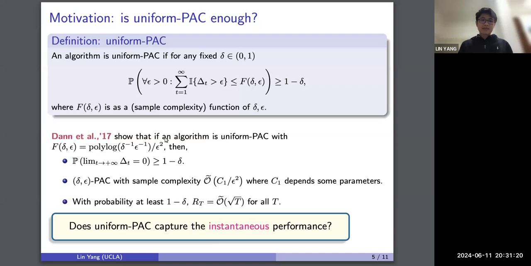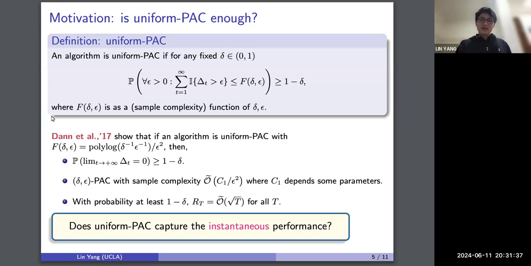We find a paper by Dann et al. in 2017. They studied this bound called uniform PAC. It's a modification of the PAC bound to avoid the problem of changing epsilon from epsilon to epsilon over 2, after which the algorithm becomes bad.